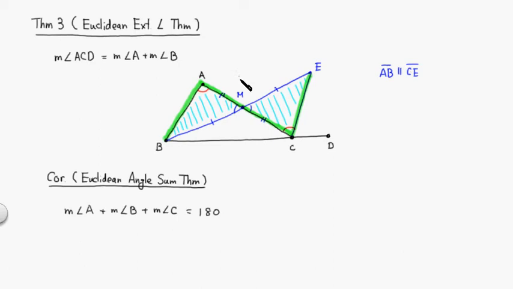Right? By Z property. So maybe I should say by Z property. Alright. So you have parallel lines.